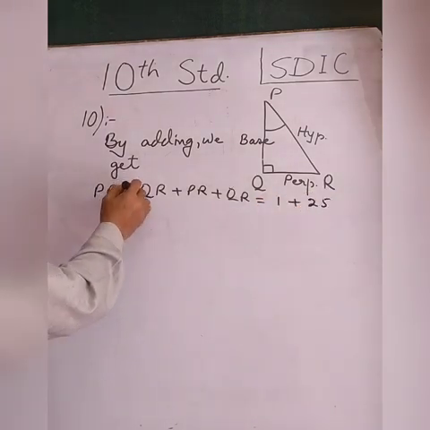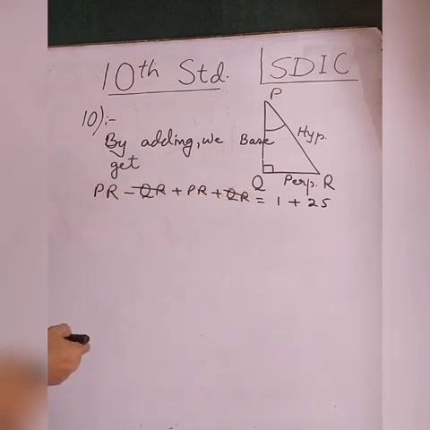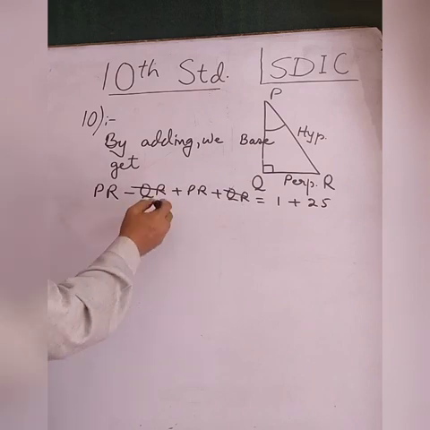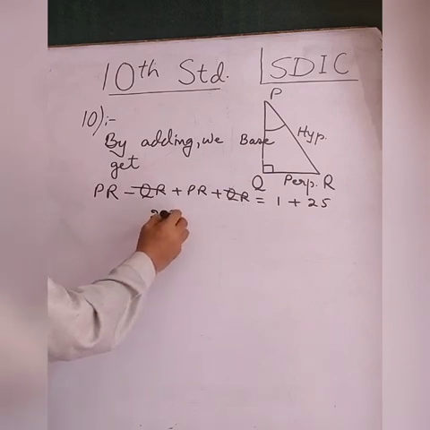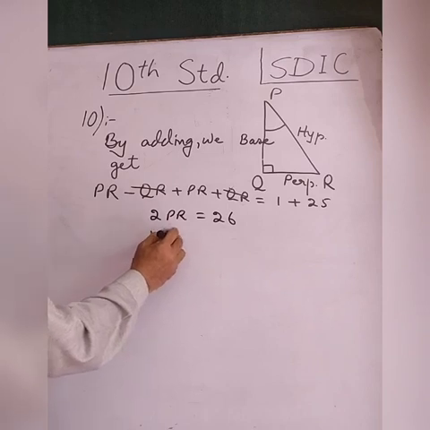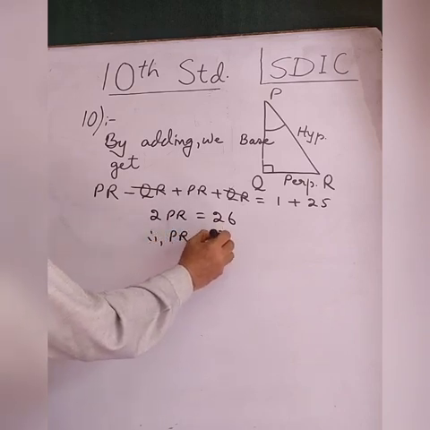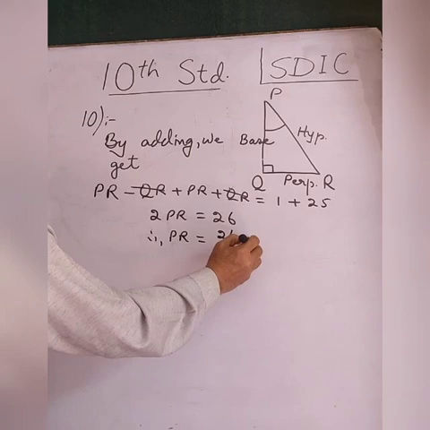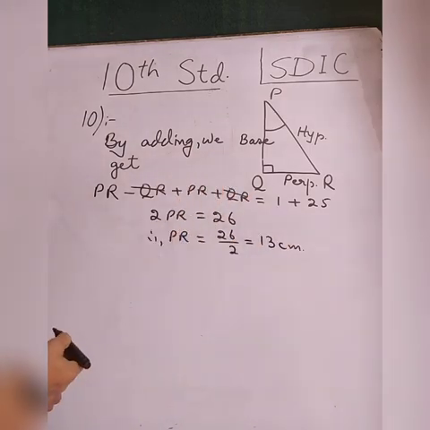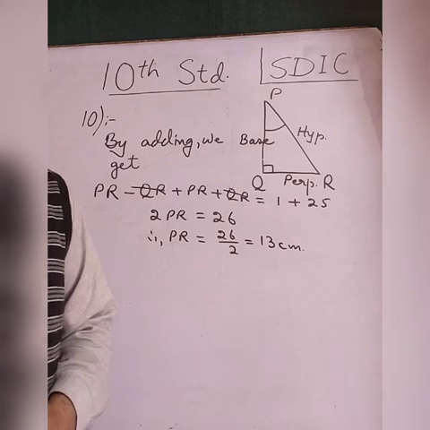Now on the left hand side, QR and QR will cancel. One being negative, another is positive. What will be left? Twice PR is equal to 26. You will get PR, therefore 26 divided by 2 means 13 centimeter. Unit used is centimeter here, 13 centimeter.